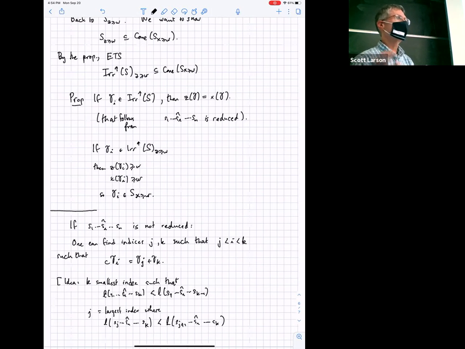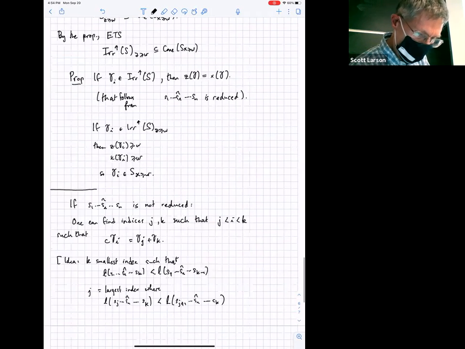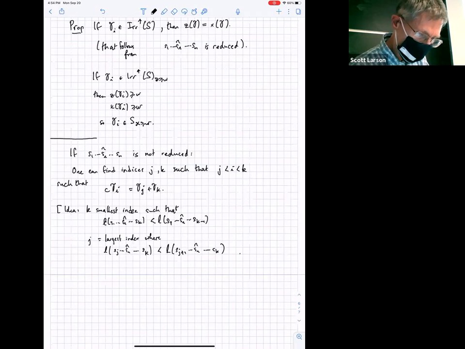Because these expressions are non-reduced, at some point the length doesn't keep increasing when you're multiplying elements. If you pick those indices out in this way, then you can play around with some Weyl group calculations, and you get this relation between these sets here. So that's how one can do that.